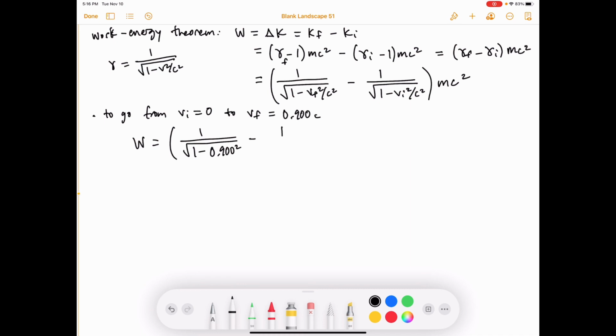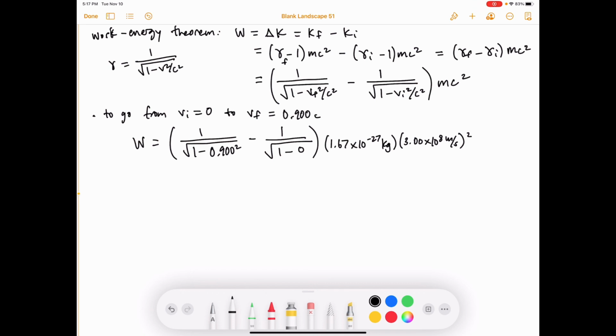And then minus 1 over the square root of 1 minus v initial squared, which is 1 minus 0, as we start from rest. So that's what we have. And that's multiplying mc squared. So the mass of the proton, 1.67 times 10 to the minus 27 kilograms. c is the speed of light, 3.00 times 10 to the 8 meters per second, and we're going to square that.